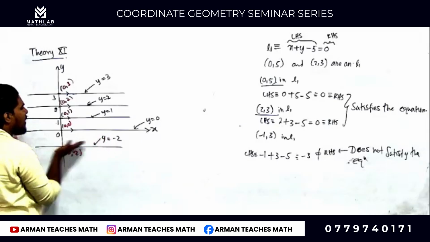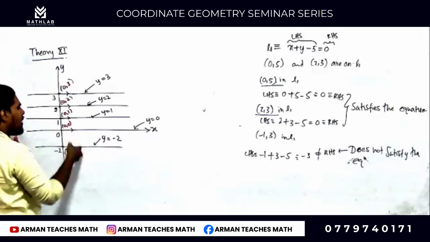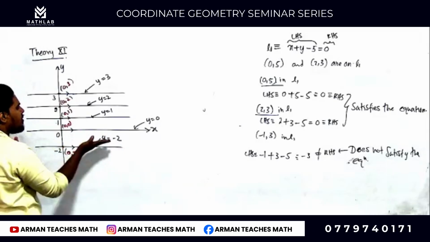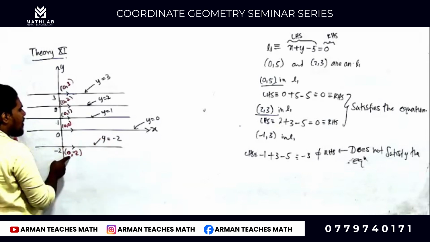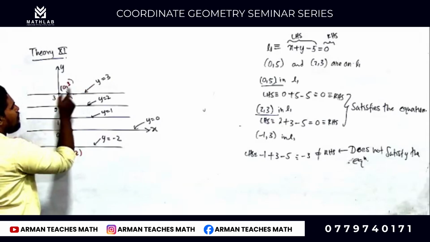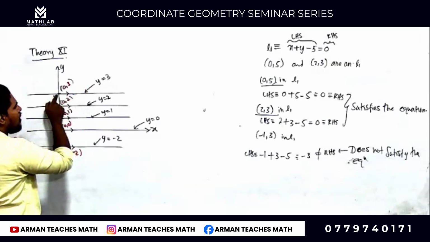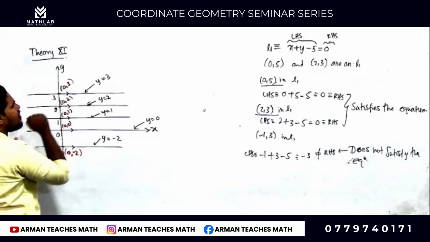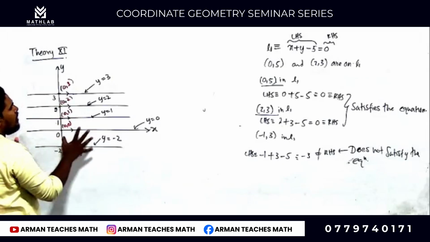Y equals 3 is a straight line that passes through the point (0, 3) parallel to the x-axis. That's how we define this.